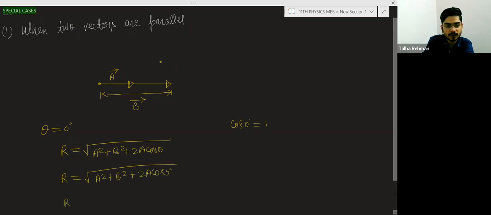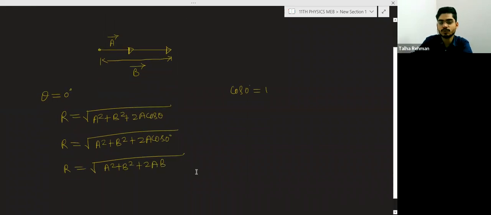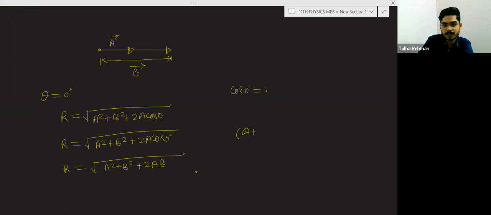Instead of cos 0, you will write 1: a square plus b square plus 2ab. A plus b whole square is equal to a square plus b square plus 2ab, and a minus b whole square is a square plus b square minus 2ab.